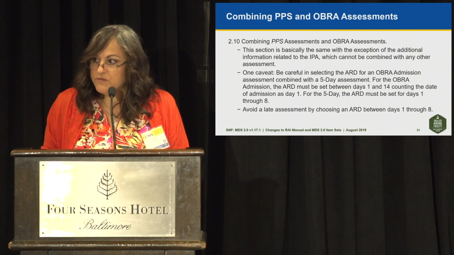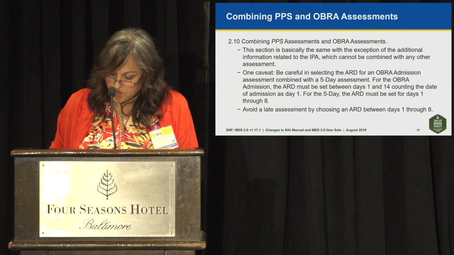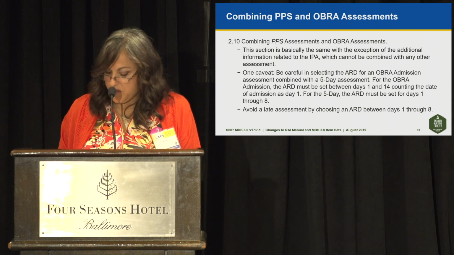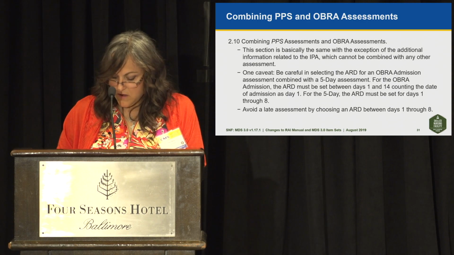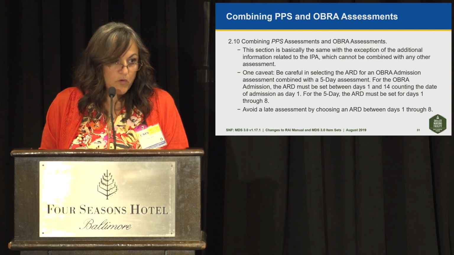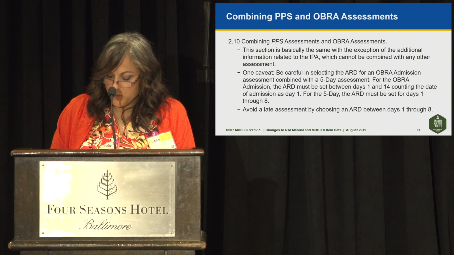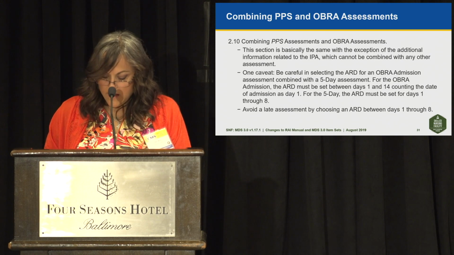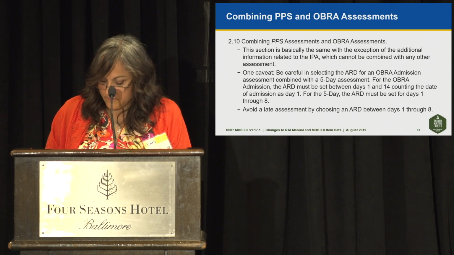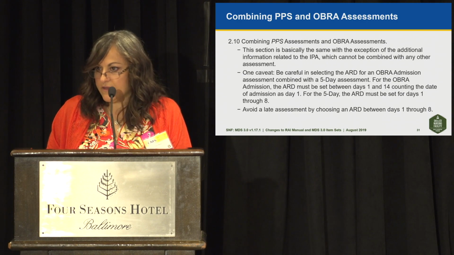There were some changes made in Section 2.10, and these are mostly related to the IPA. As you know, when the OBRA and PPS timeframes coincide, one assessment can be used to satisfy both requirements. And this still holds true. The PPS and OBRA assessments can be combined when the windows overlap for a common ARD, and when you do combine those assessments, the most stringent rules for the ARD, item set, and COG completion still apply.